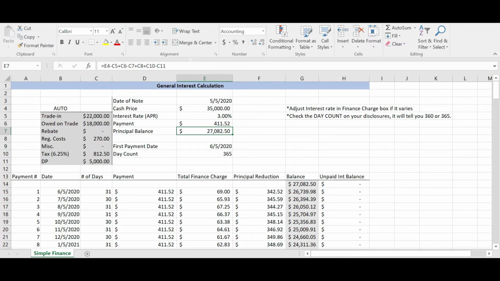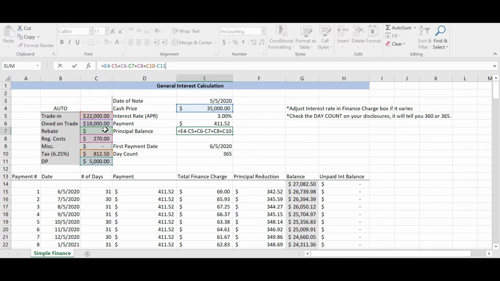So you can see that I start with the cash price here, E4. So I actually subtract your trade-in amount, right? Because that lowers your balance. Then I add what you still owe.